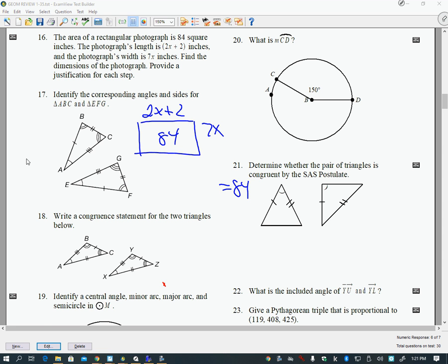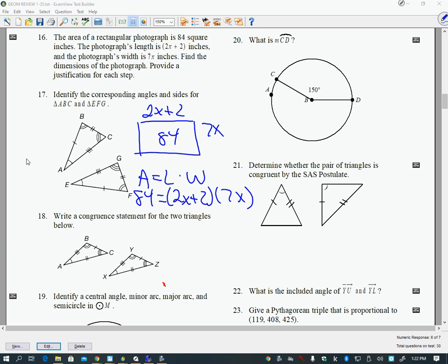So if I was going to set this up in a two-column proof, and I'm not here, I would start with stating that this is a rectangle. That's a given, okay? The next thing I would include is area equals length times width, definition of the area of a rectangle. The next step would be 84 equals 2x plus 2 times 7x.